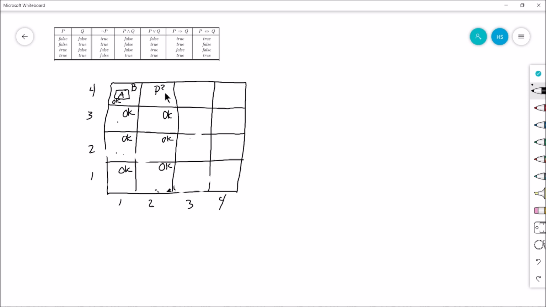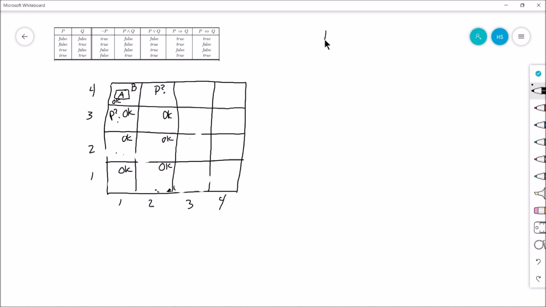Based on the way the game works, if you perceive a breeze, there must be a pit in one or both of the adjacent squares. So let's say that the agent wants to decide, can I move to 2, 4?